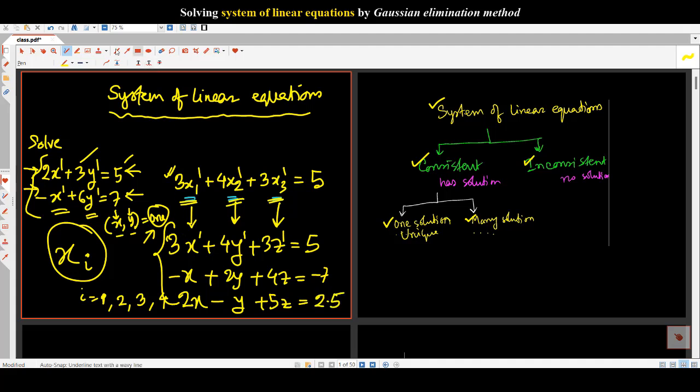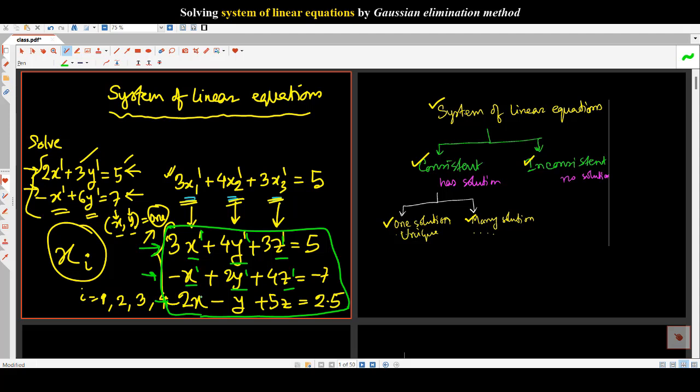So now have a look at these three equations. These three equations are actually forming a system. System of what type of equation? System of linear equations, because the first equation has the variables x, y, z and all variables are with power 1. The second equation has the variables x, y, z and the powers are 1.